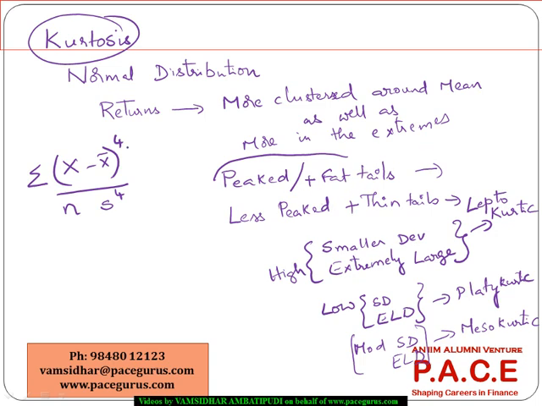Whenever extremely large deviations from the mean are very high in number, that kind of investment is more of a risky investment, because there is a good possibility of getting extremely high losses, right?